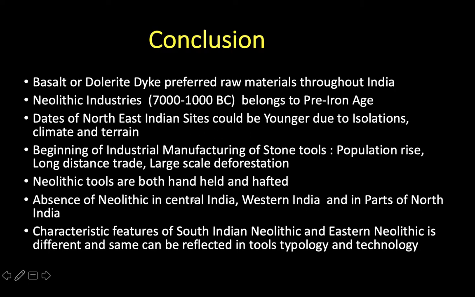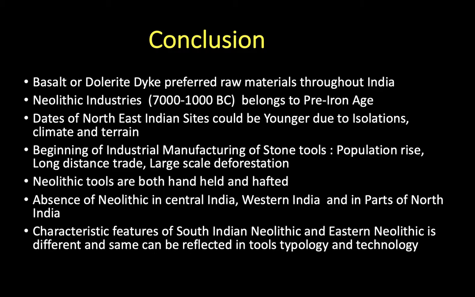The Neolithic tools are both handheld as well as hafted, which we can see from the different types of axes that we observe. What we also see here is the absence of the Neolithic in parts of Central India, Western India, as well as parts of North India. Particularly in northwestern India, in states like Rajasthan, Haryana or Punjab, there is an absence of Neolithic sites.